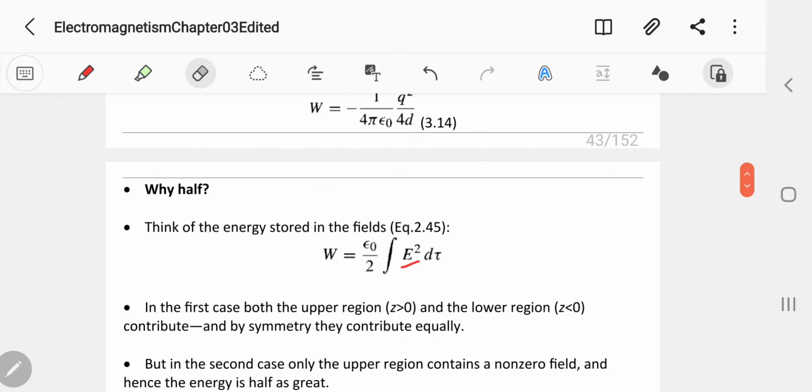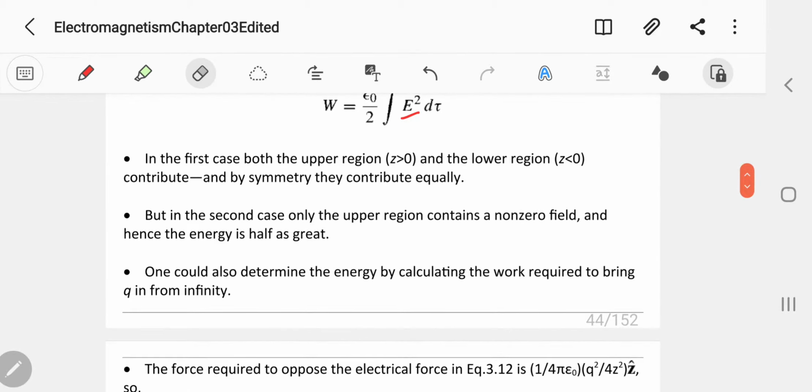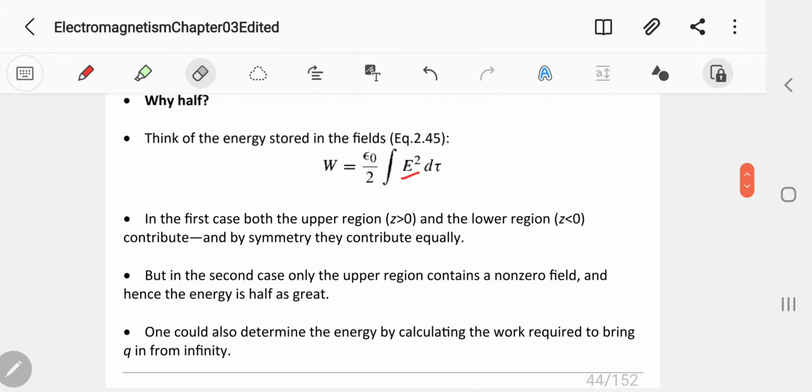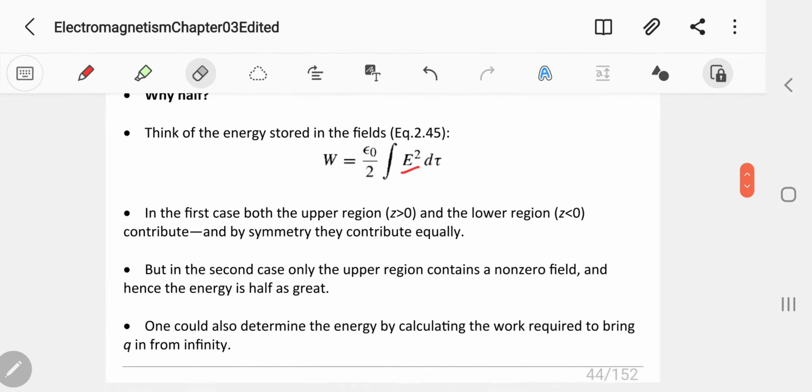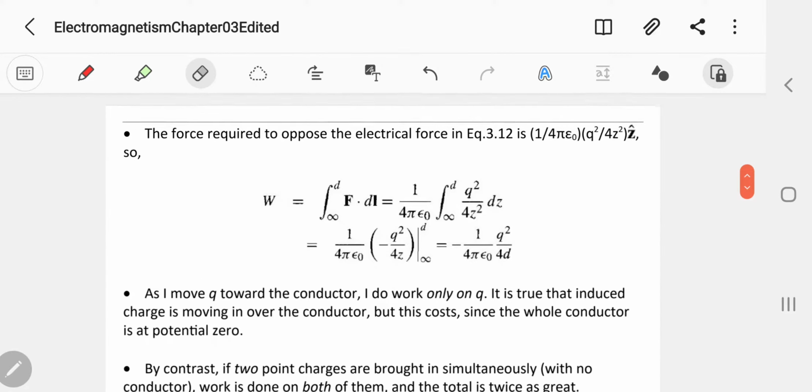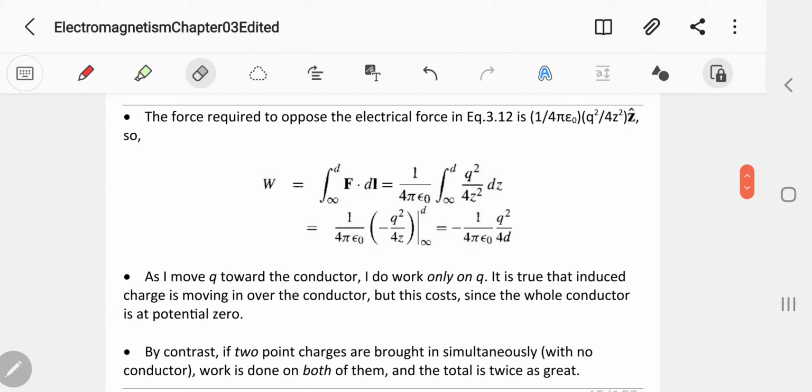Why is that? Let's calculate why only half. So here you have the force would be this one.